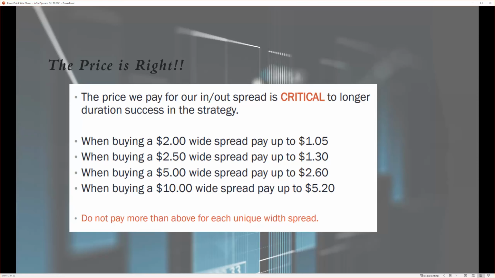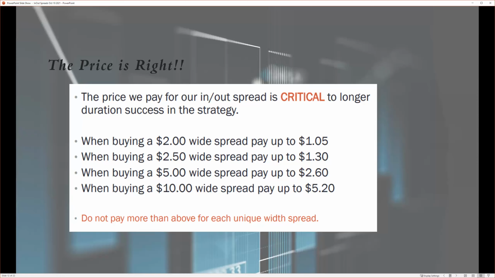When the skew is inverse, meaning the strike that you're buying has higher volatility than the one you're selling, that is a very stupid decision. So you have to take care. What is going to define whether we're making a good purchase of a spread is the price that results for the spread.